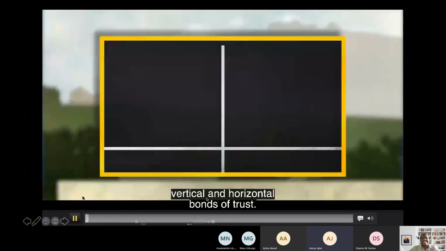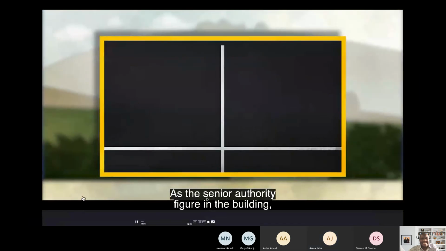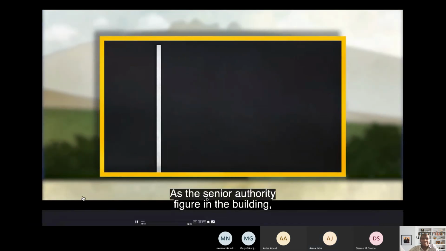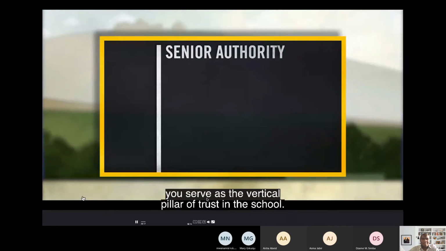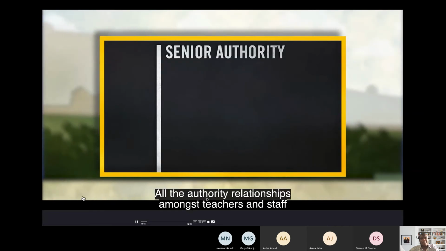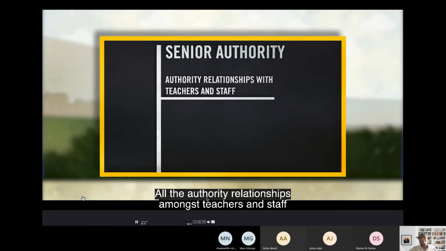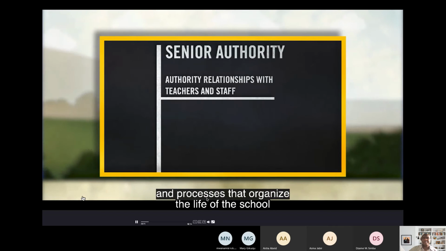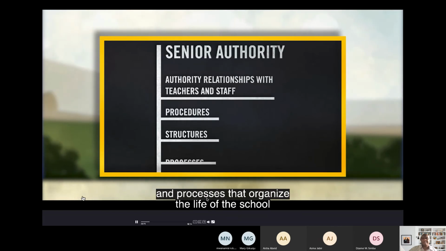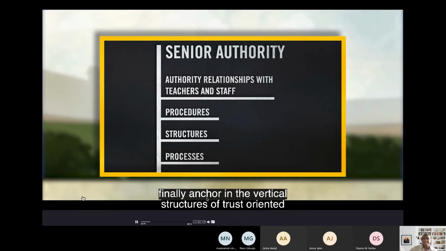Bonds of trust. As the senior authority figure in the building, you serve as the vertical pillar of trust in the school. All the authority relationships amongst teachers and staff, and all the procedures and structures and processes that organize the life of the school finally anchor in the vertical structures of trust oriented by you.